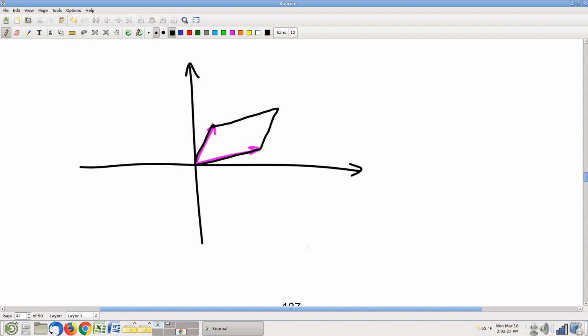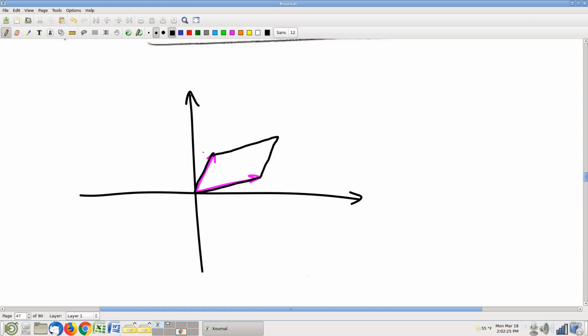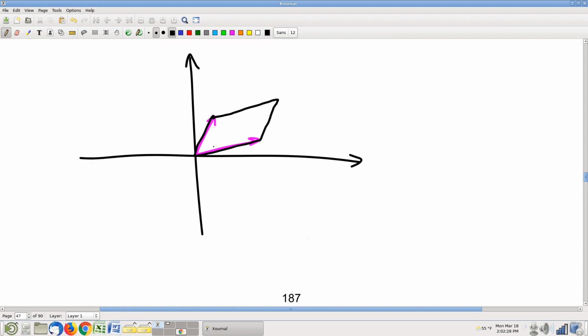Let me just rotate that parallelogram now by some arbitrary amount. And now let's talk through it: if I take these two vectors, add, and then rotate, I get that point.